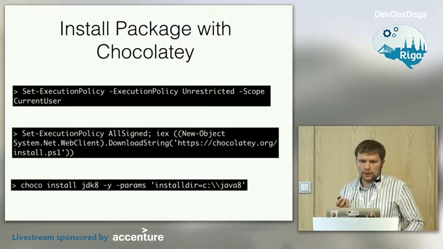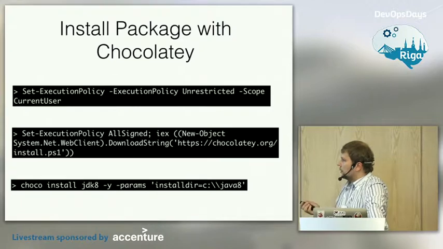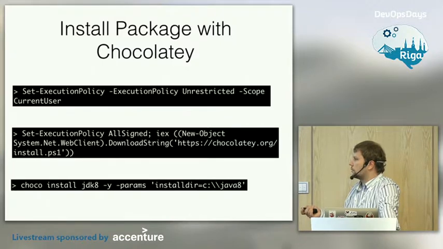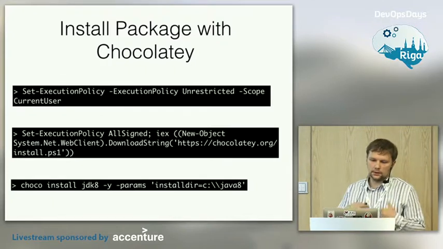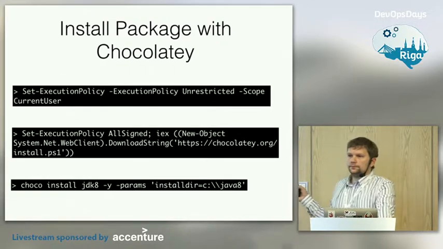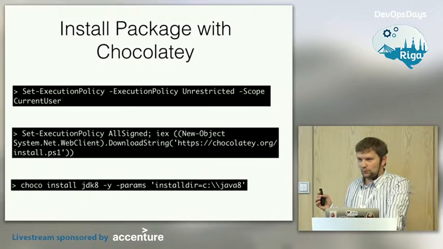This is a bit surprising for Linux users, but that's how it is. Then you download a nice installer package, it does all the things, and then you run the command choco install jdk8 with install dir C:\Java8, and you have Java. It's free, but there's a paid version of Chocolatey as well.